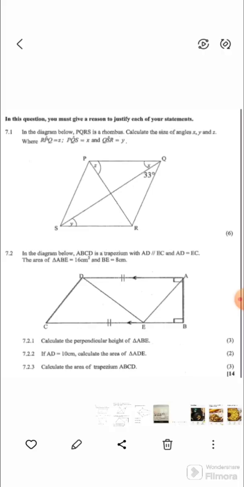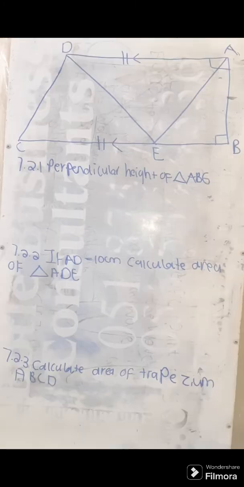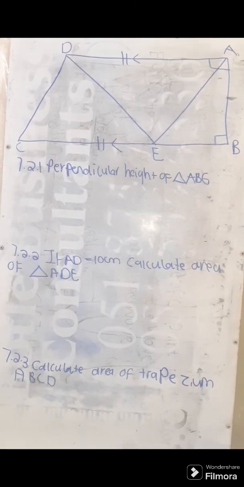7.2. So for 7.2, we're going to calculate the perpendicular height of triangle ABC. But yes, let's do it so that you guys can see. You see that DA and CE are parallel. So let's do this question first. Okay guys, this is the question that we have to do.